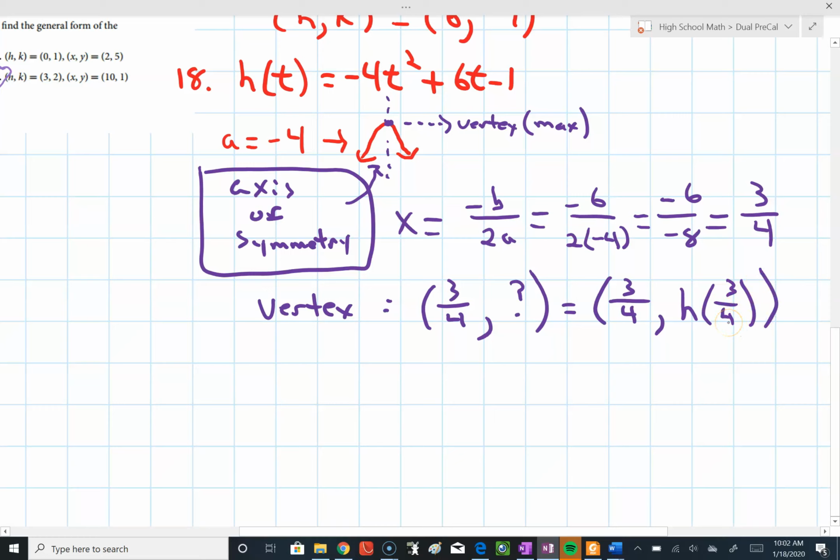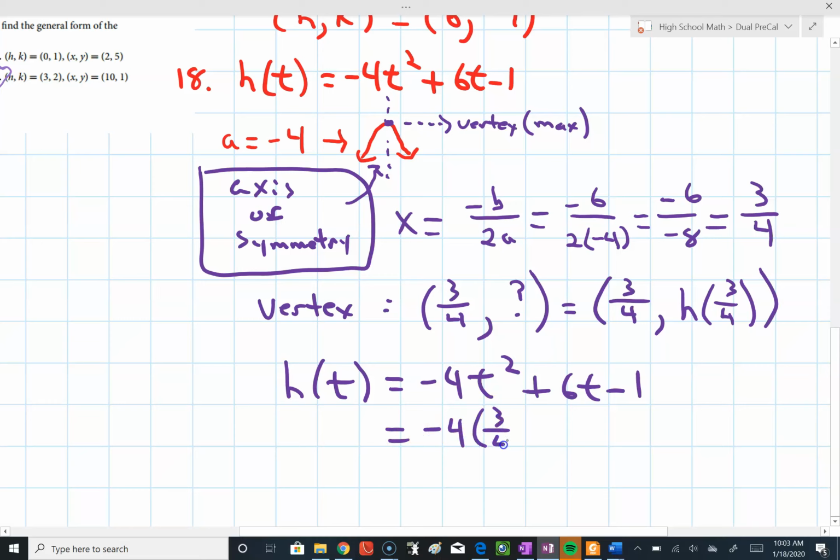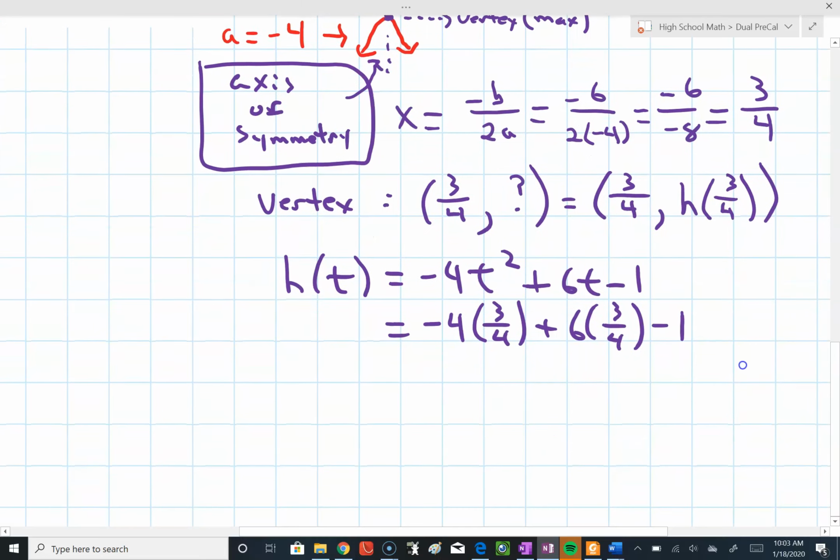So let me substitute 3/4 in for t. So h of t is -4t squared plus 6t minus 1. I'm going to substitute in a 3/4. To square a fraction, you square the top and the bottom, so this becomes -4 times 9/16.